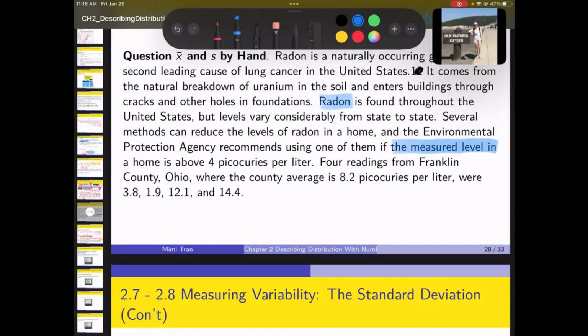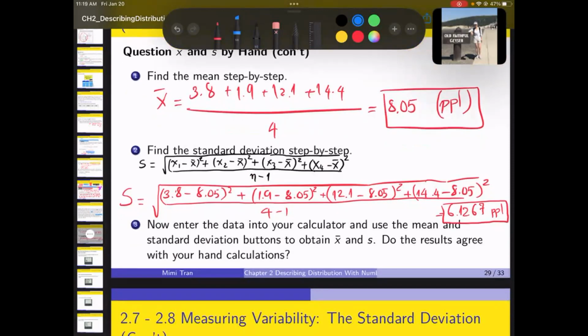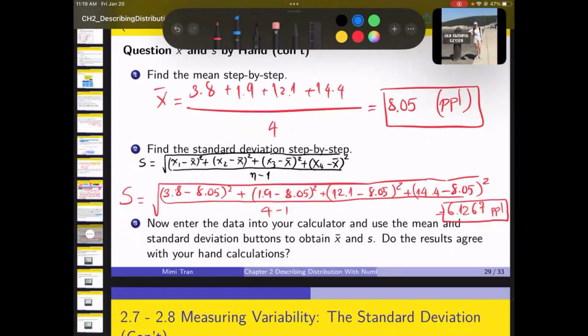So on average, the measured level of radon is approximately, or about, or roughly, and then what next? The standard deviation value, roughly 6.1267 ppl away from the mean, the mean measured level of 8.05 ppl.